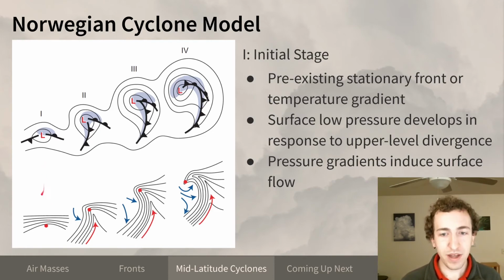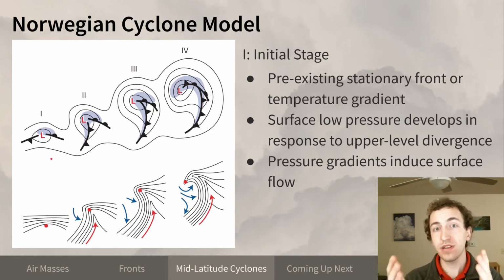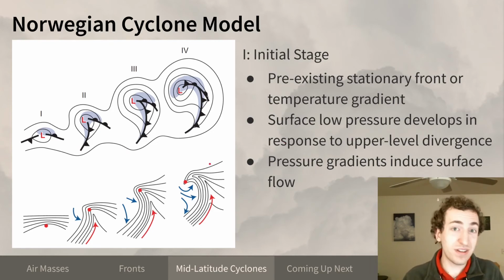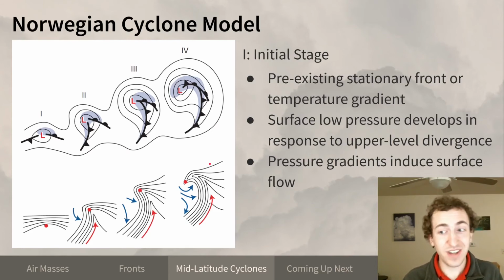When an upper level divergence area comes over this contrast, that divergence can create a modest low pressure near the surface. And because of the pressure gradient force, that low tends to induce an initial wind flow.